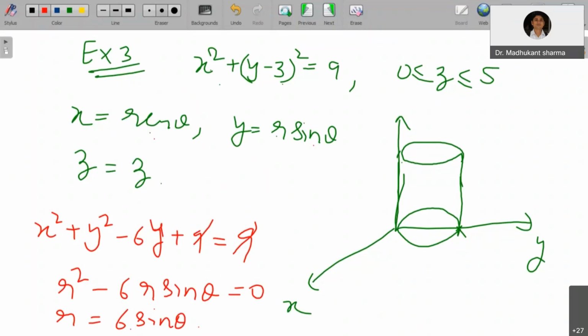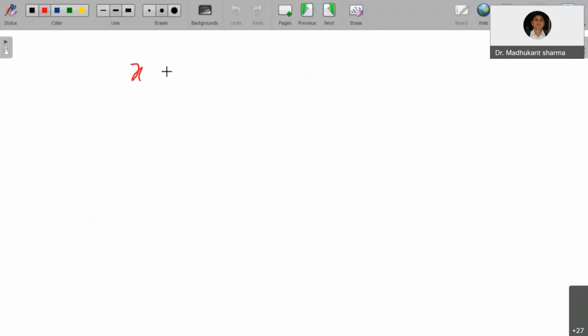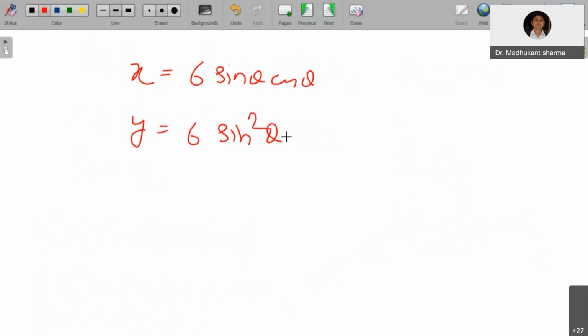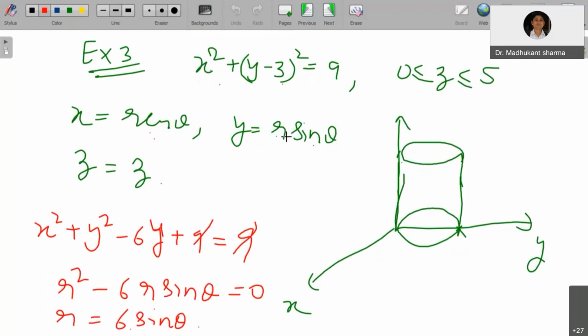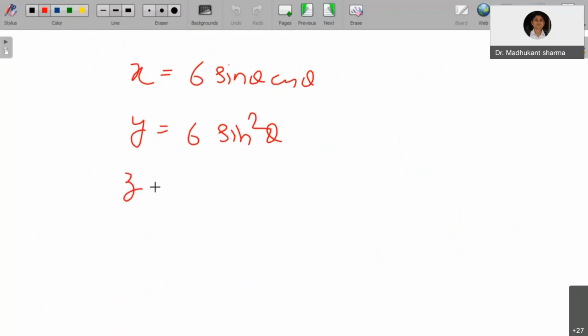So finally, you have x equals 6 sine theta cos theta, y equals 6 sine square theta, right? Yes, and z equals z.